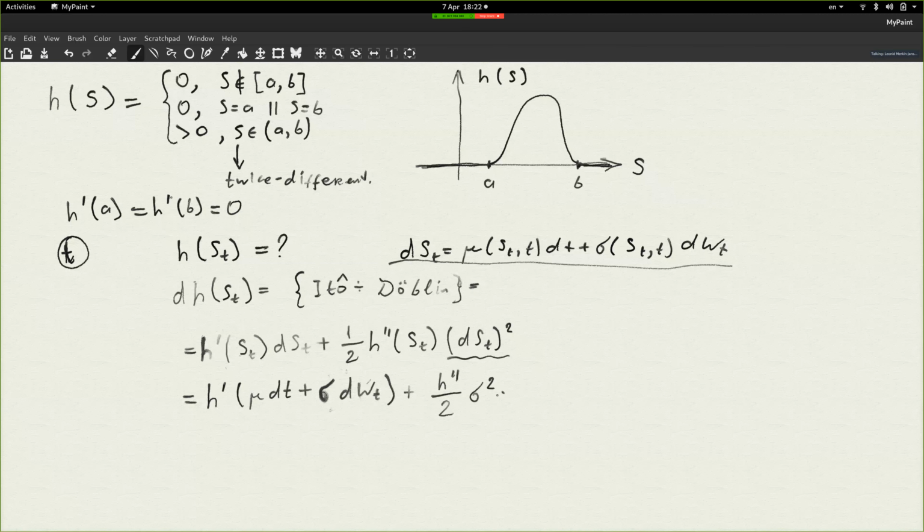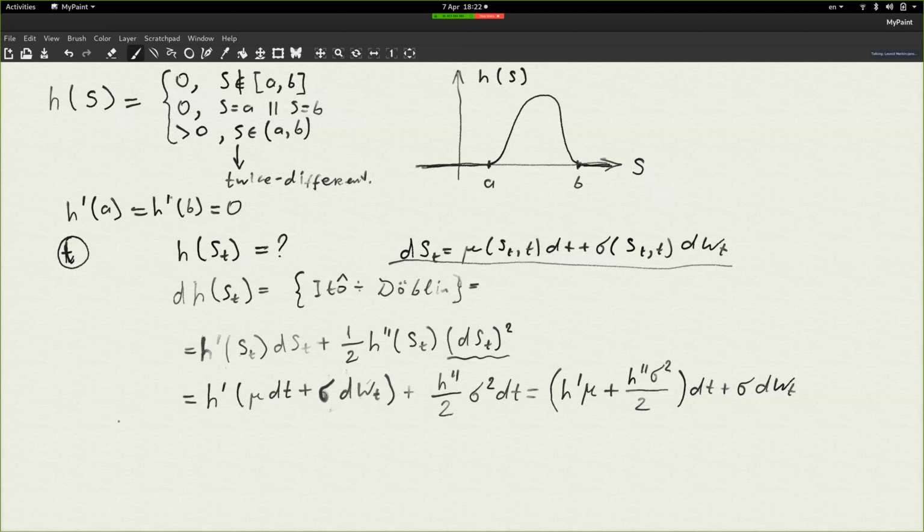And therefore, altogether we get H prime mu plus H double prime sigma squared halved, dt, plus sigma dWt. So we got this expression for dH.